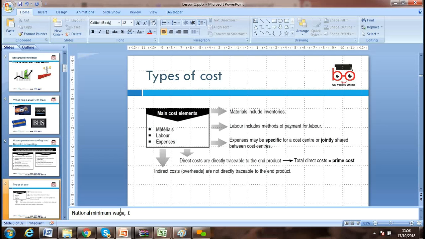Is it £7.80 now? National living wage. So when the national minimum wage increases, our labor costs will increase as well.